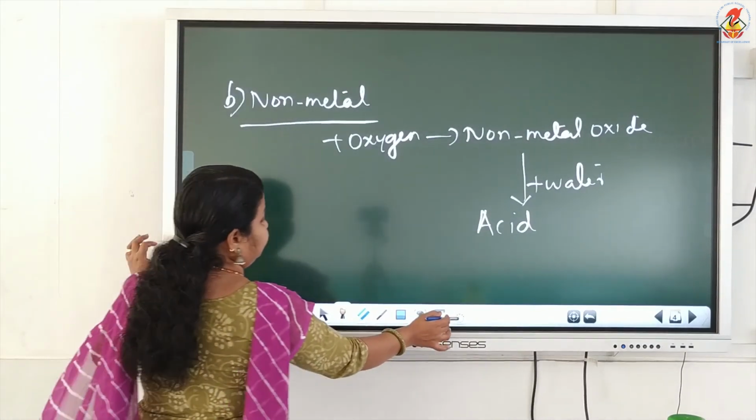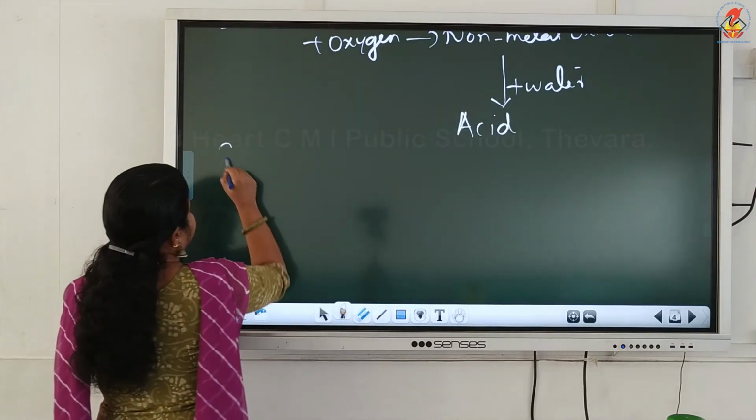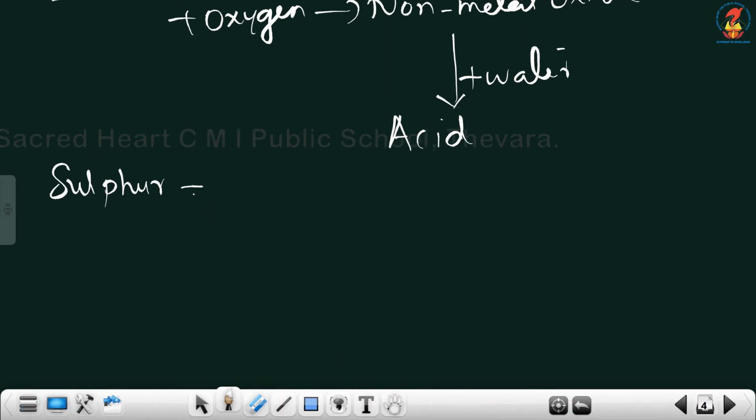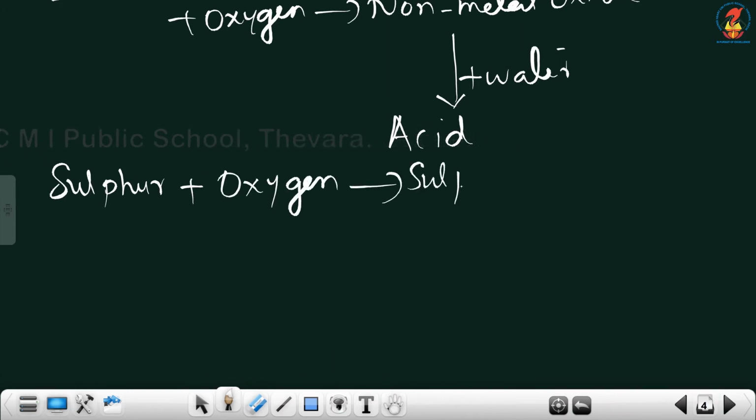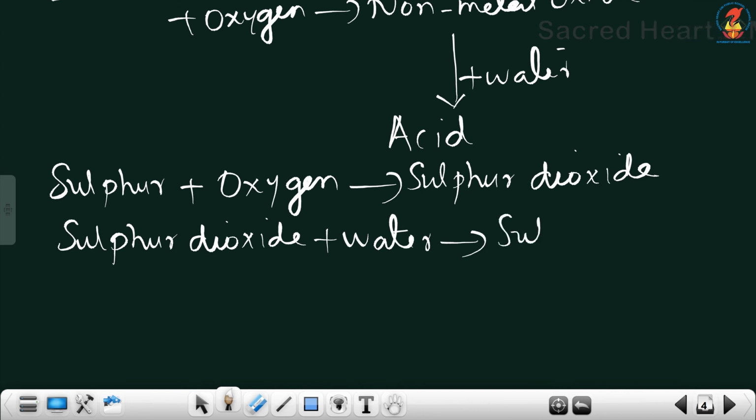For example, let us take the example of a non-metal, sulfur. Sulfur reacting with oxygen, what you get is sulfur dioxide. When sulfur dioxide is mixed with water, it changes to an acid called sulfurous acid.